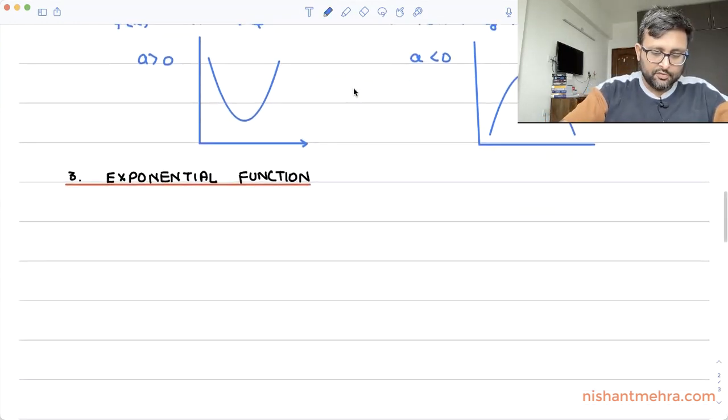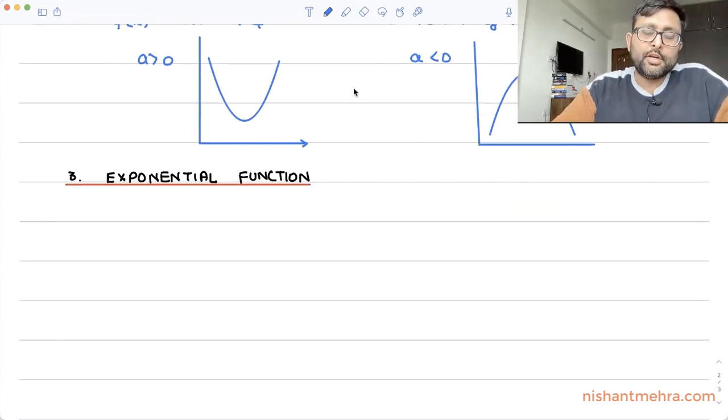So you have the exponential function. What is the general form of the exponential function? That y is equal to a to the power x with a greater than 0. That's the general form of the exponential function.